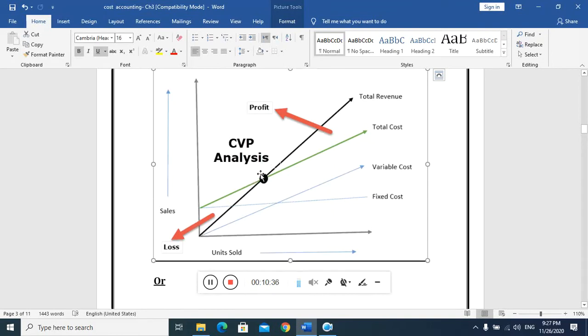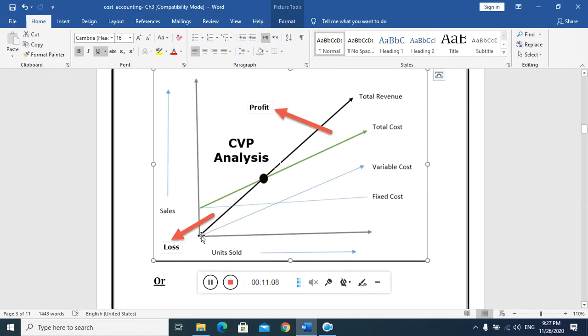The bold black line is the total sales revenue line, and the bold green line is the total cost line, and the blue line is the variable cost line.